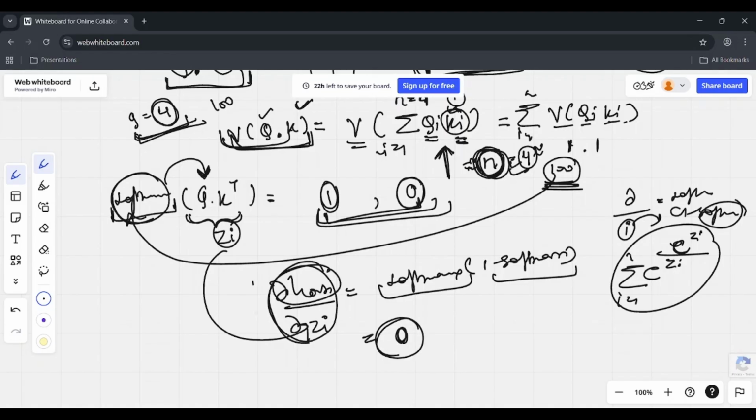Now this is the vanishing gradient problem, right? Because of this our model will stop learning, which is a big problem. If our model stops learning, then the parameters will not update and the entire training process will completely stop. We will never be able to reach the actual values of our weights, right?